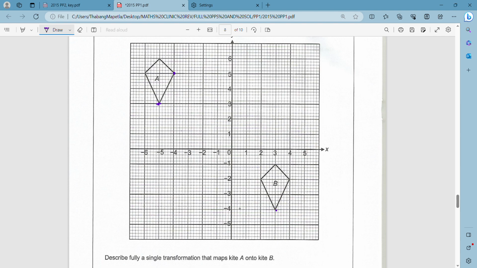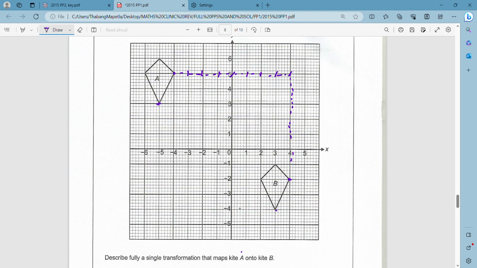Let's use the ones on the right. Remember, it goes like this, like that, and then like that. You're simply going to count the boxes as per your Cartesian plane, because here it is 1 unit for 1 box, or 1 unit for 1 centimeter. So you're going to count from A going to B. The number of boxes is 1, 2, 3, 4, 5, 6, 7, 8.